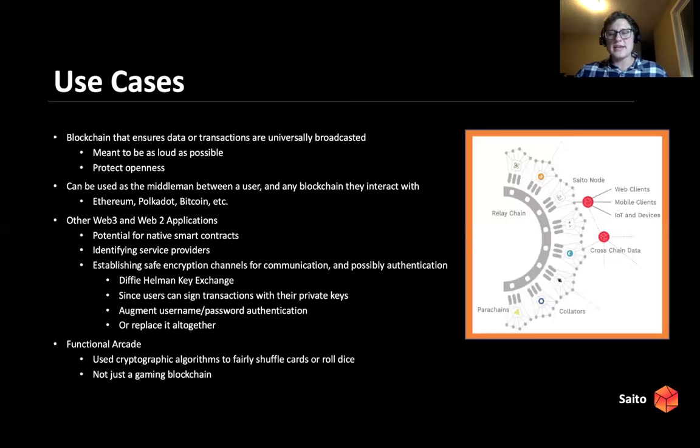Now, the cool thing is that with a lot of these games, they're actually using cryptography to do a bunch of things in a fair manner, such as shuffling cards for a poker game or rolling dice. And when they were building this, I believe that some other people told them that this was impossible to do, yet they managed to solve the impossible, which I think is kind of interesting.